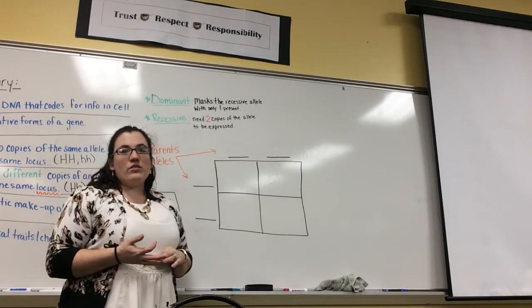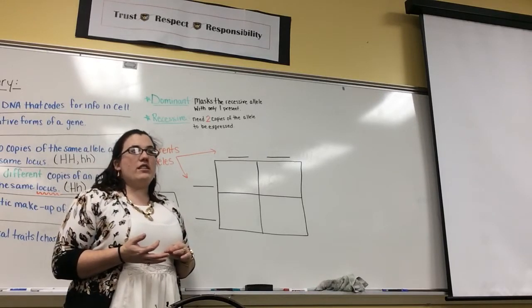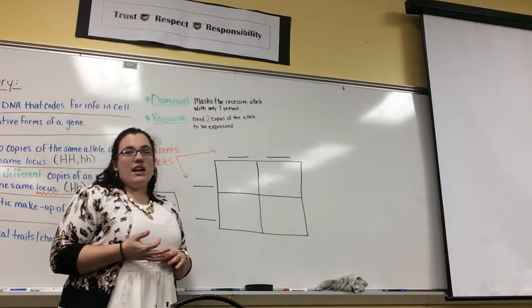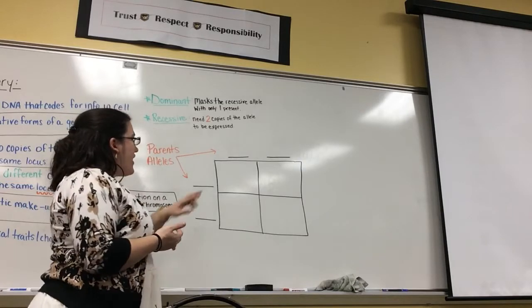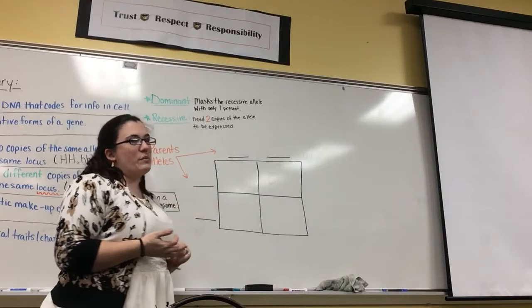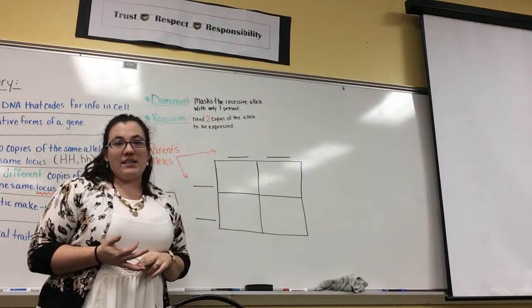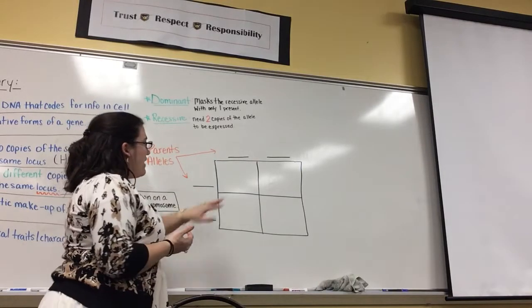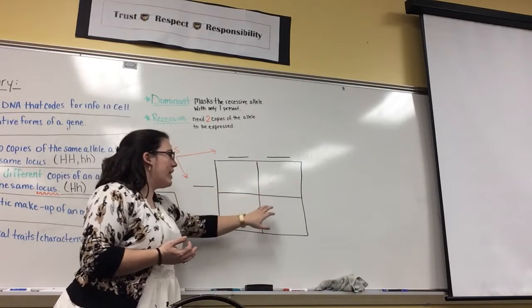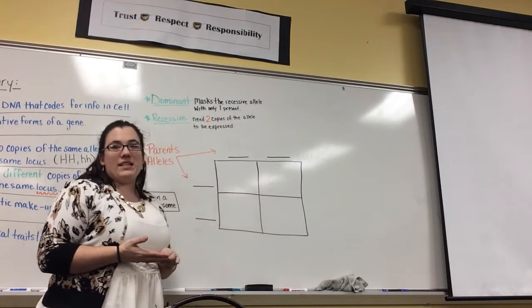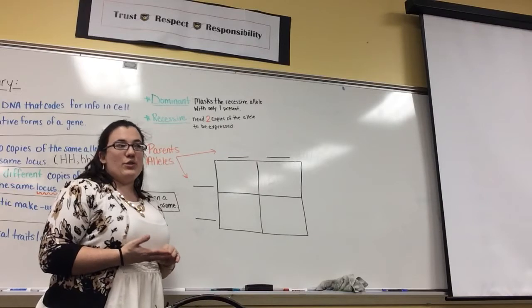So you have to have 2 alleles for a trait, but you need 1 from each parent. And so you're showing what their genotype is and what those possible alleles are that they could pass to their offspring.